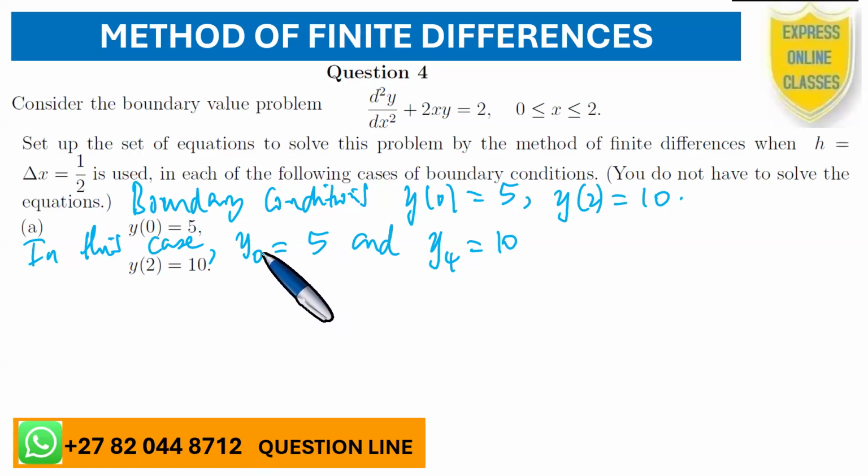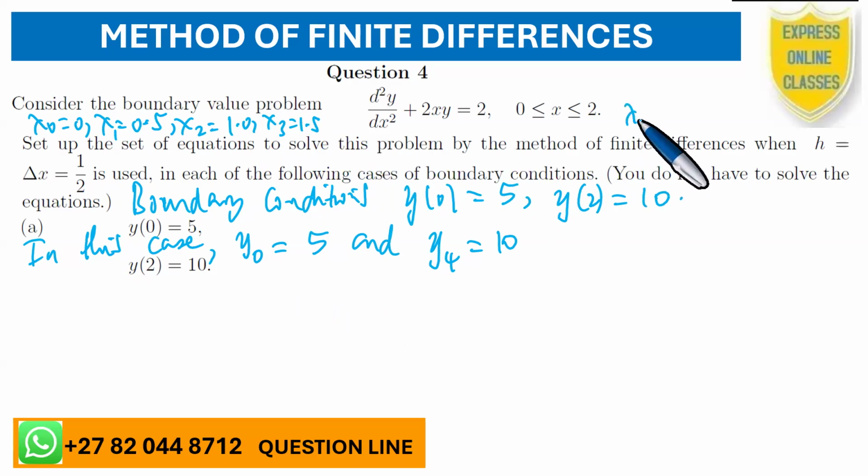Y at 0 corresponds to x0, where x0 is 0, x1 is 0.5, x2 is 1, x3 is 1.5, and x4 is 2.0.